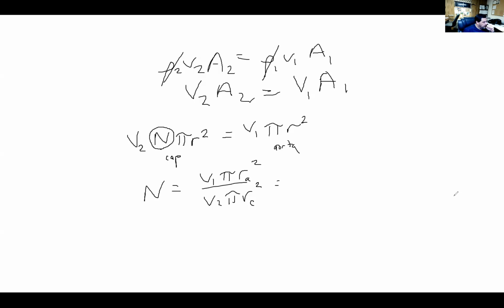They gave us the velocity as 40 centimeters per second. So 40 centimeters per second is 0.40 meters per second. Coming over here, I see I have a pi in the numerator and the denominator, so those are going to cancel. The diameter of the aorta is 1.2 centimeters.